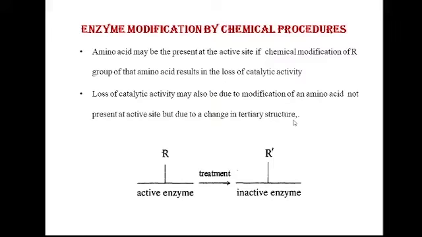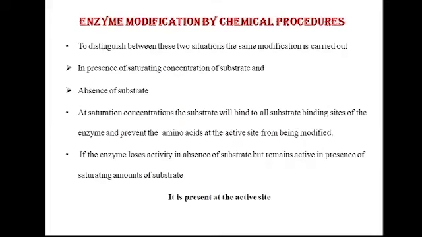And so if these R groups are affected by the chemical, it is very much possible that either the secondary or the tertiary structure will be affected, and thereby the exposure of the active site or the conformation of the active site may be affected. So it becomes very necessary to distinguish between these two situations.